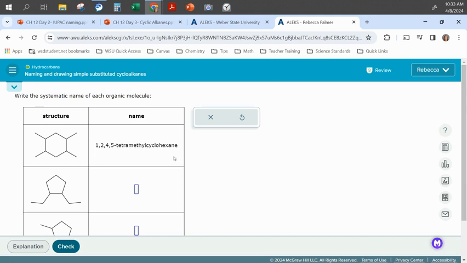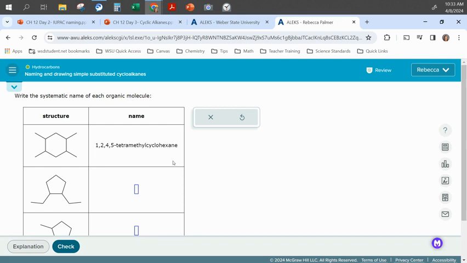Okay, next one. Oh, there's some weird things happening. So this one, okay, my ring structure is pentane. So we've got cyclopentane, and let me help you decide how to count it. I'm going to again count next to each other, so I'm going to go 1, 2, 3, 4, 5. So then that reduces this first one, the next one right next to it.